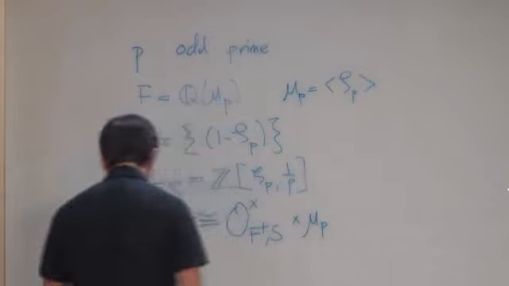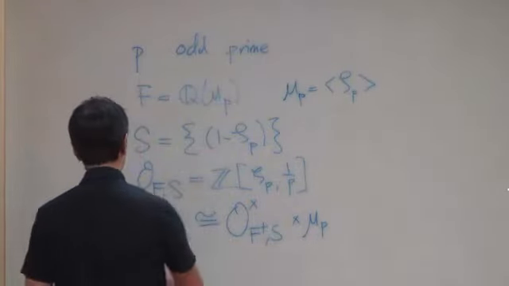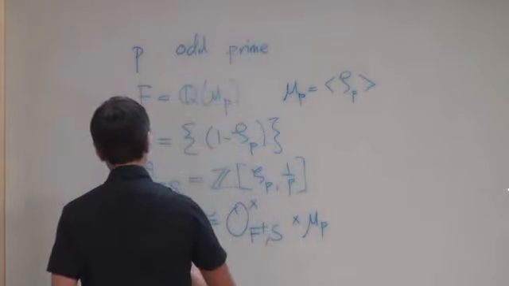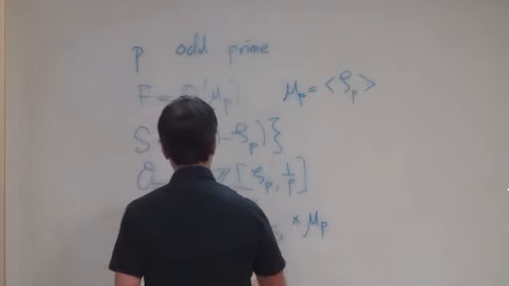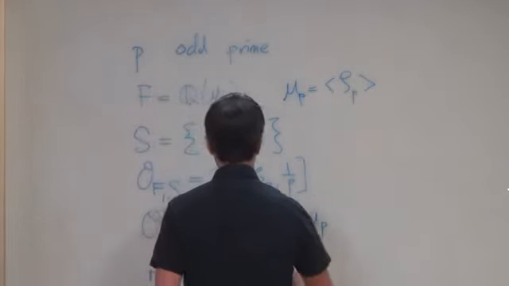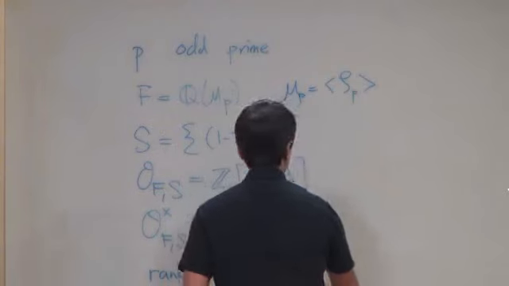And the rank, by Dirichlet's unit theorem, of these units is (p-1)/2.